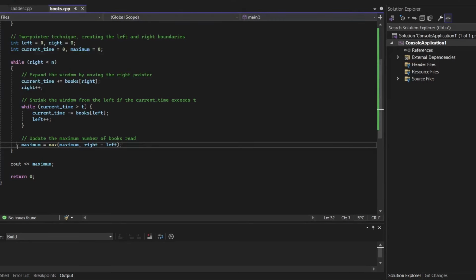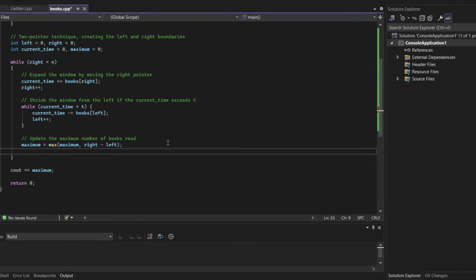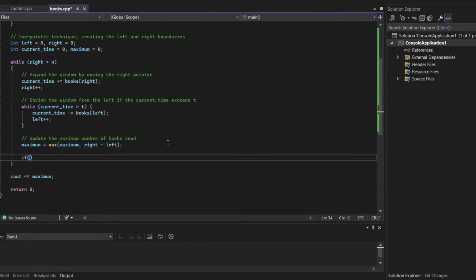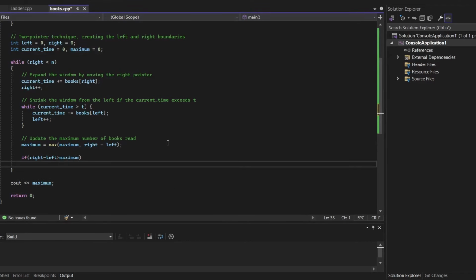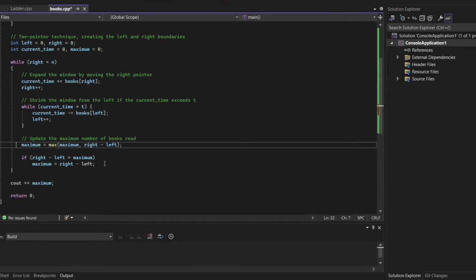If you are not accustomed to this syntax, this is the same thing that I did here, so you can use an if statement. You would do: if right minus left is more than maximum, set maximum to right minus left. So these two are basically the same thing. This one is shorter, that's why I used it.